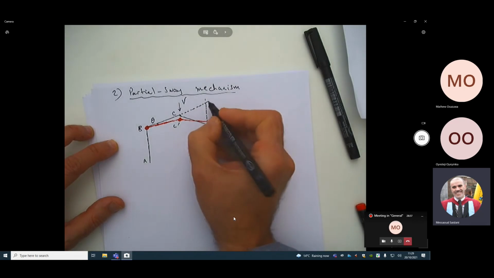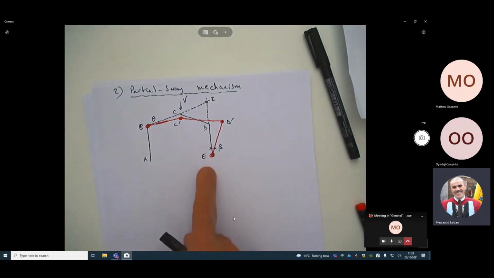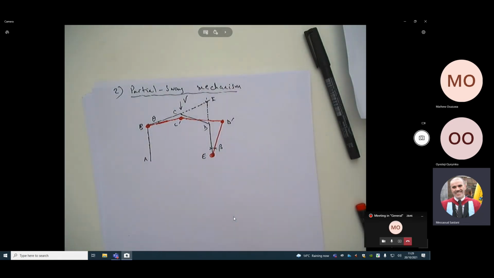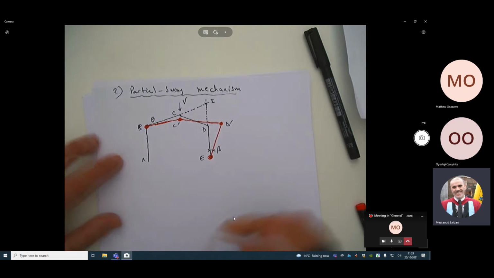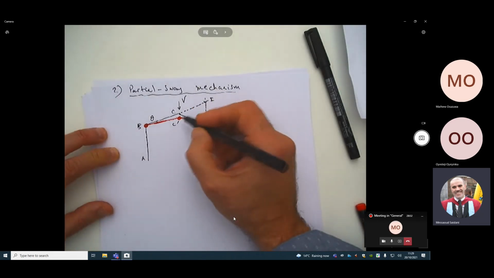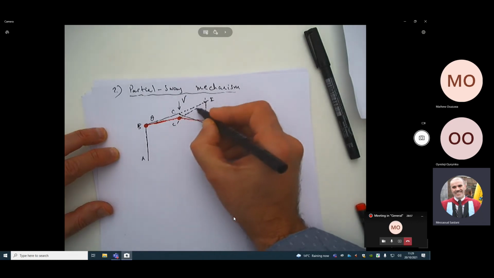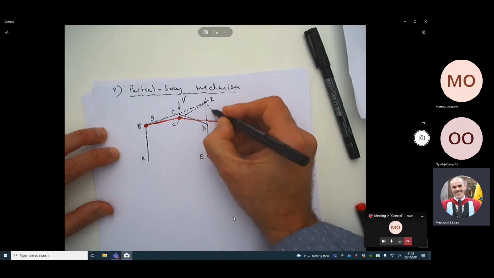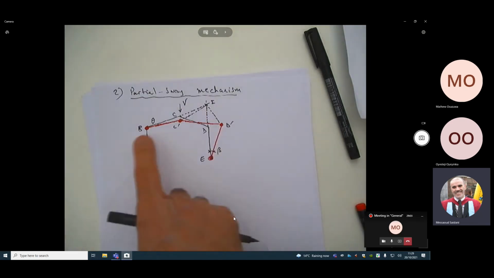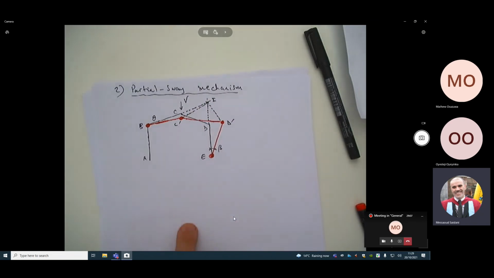The two will intersect at point I. Then you join I to the new positions of the joints. So you join I to C dash and join I to D dash. Is that clear? So extend DE, extend BC, which gives you point I, and then you join I to C dash and B dash.